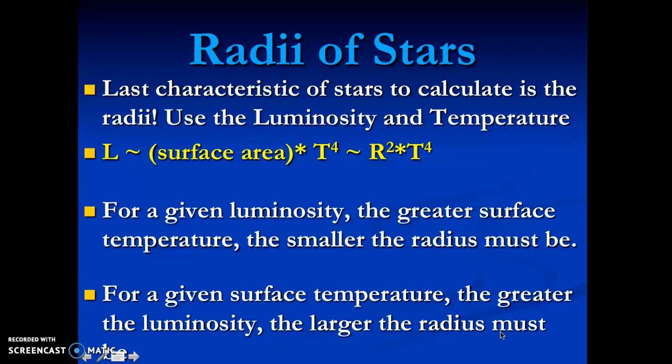When we think about temperature, radius, and luminosity, we really have to consider all three. You're going to do some worksheets for your activity this week that will help you dive in and consider the luminosity, the radius, and the temperature all at once.